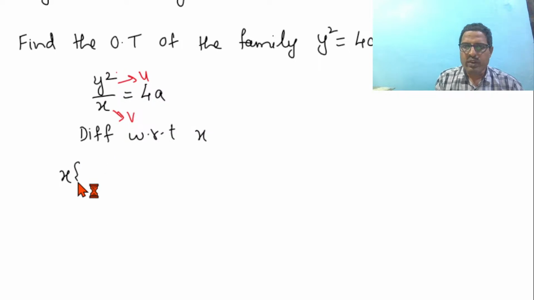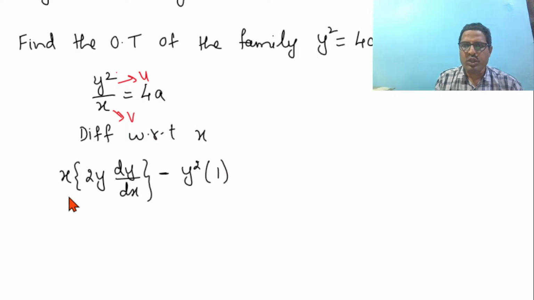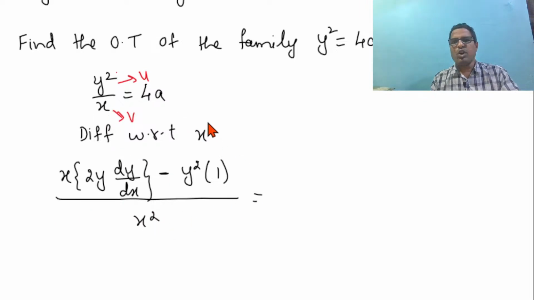Differentiation of y square is 2y into dy by dx. It is v into u dash minus u, that is y square, into v dash, where the differentiation of x with respect to x is 1, and the whole thing is divided by the denominator square, x square, is equal to the constant 4a, whose differentiation is 0.